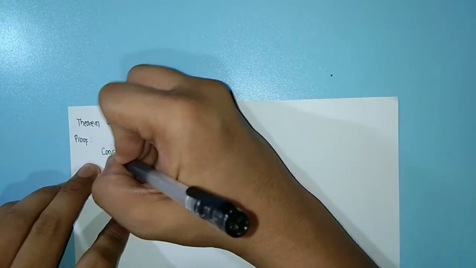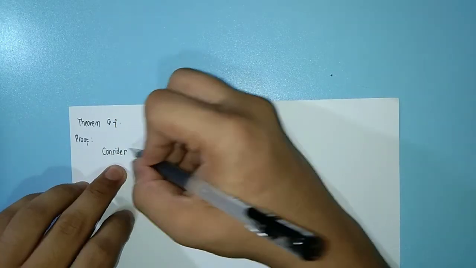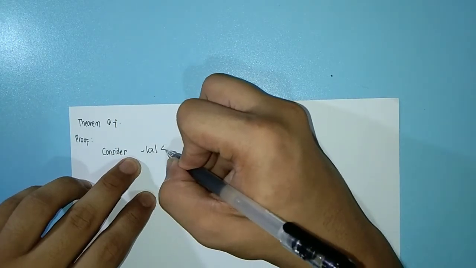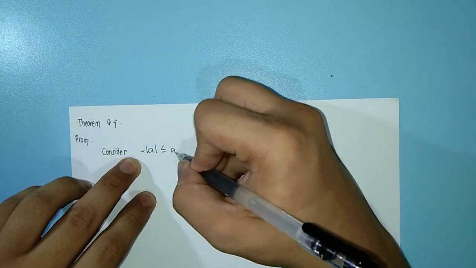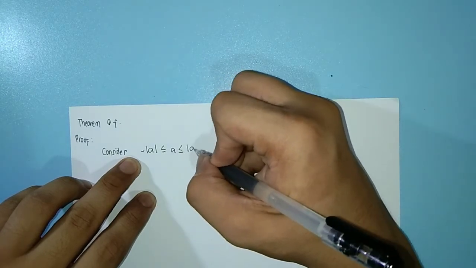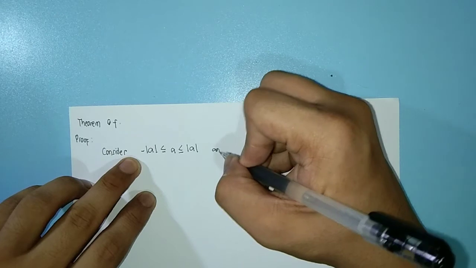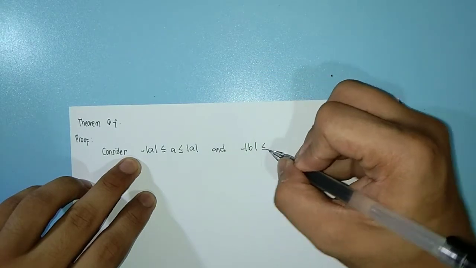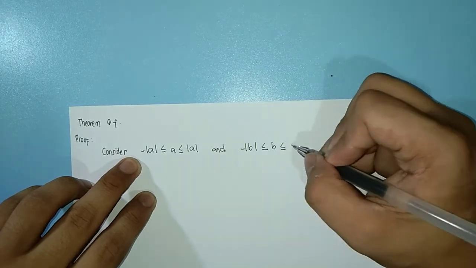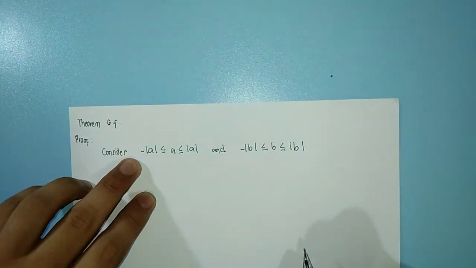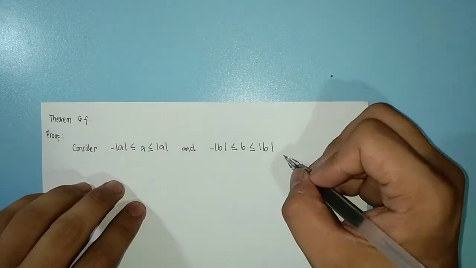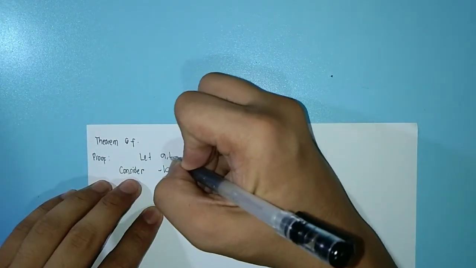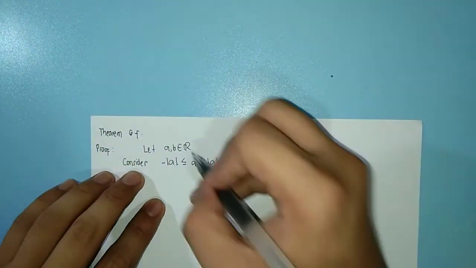So consider negative absolute value of A less than or equal to A less than or equal to absolute value of A, and negative absolute value of B less than or equal to B less than or equal to absolute value of B. Okay? For any real numbers A. Nakalimutan ko, let A, B be any real numbers.